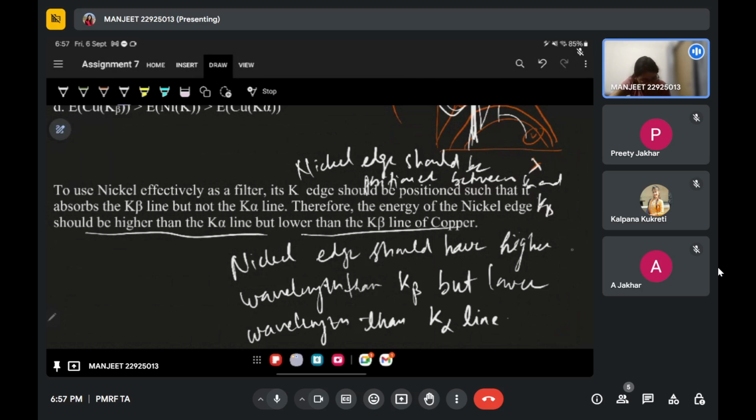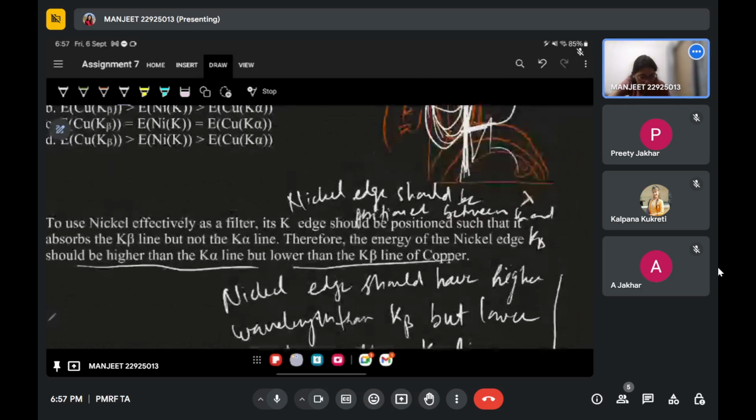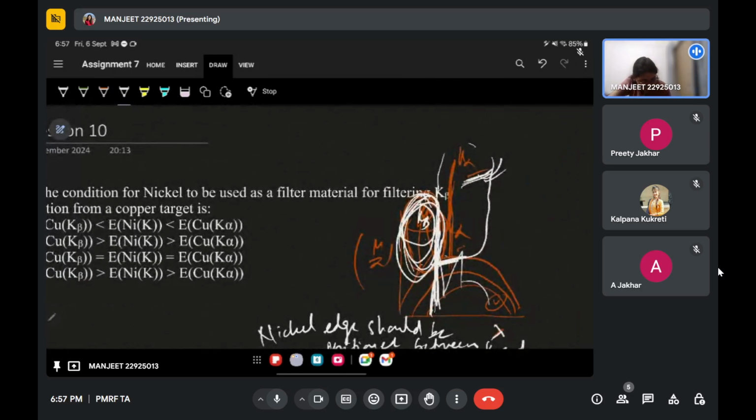Okay, so it should be lying between them, but it should be in terms of wavelength, because here it is my wavelength. Its wavelength should be higher than the K beta, but lower than the K alpha, so that it can absorb the K beta light and we remain with the K alpha line.